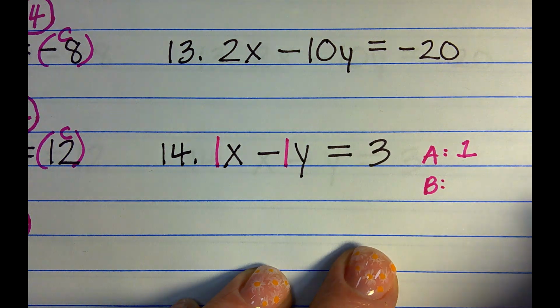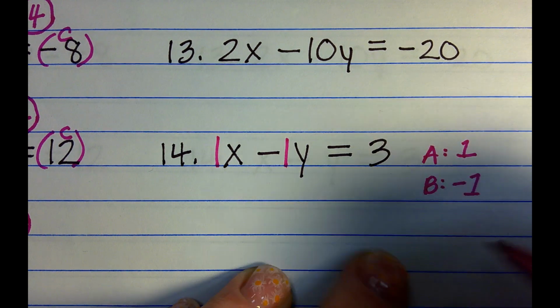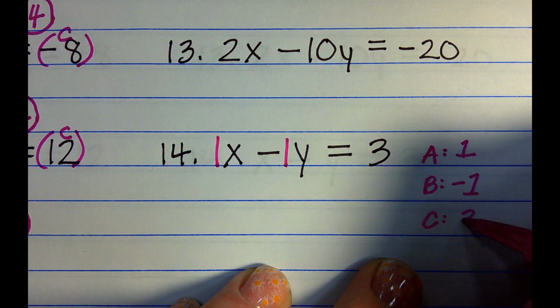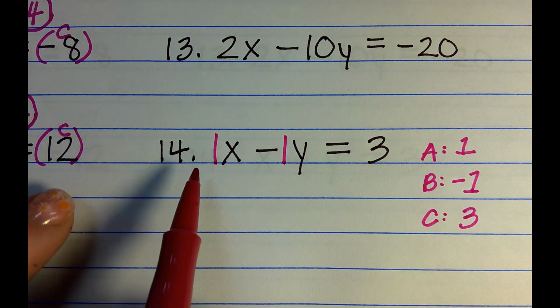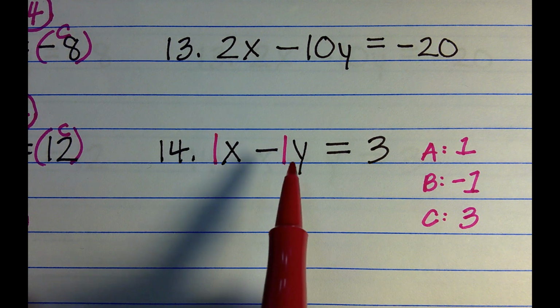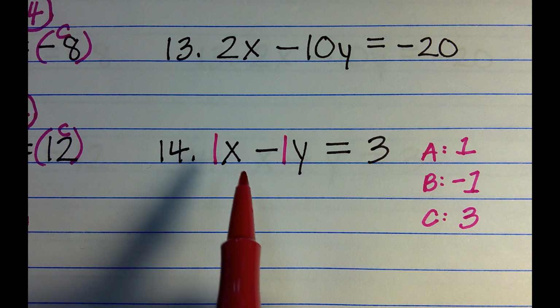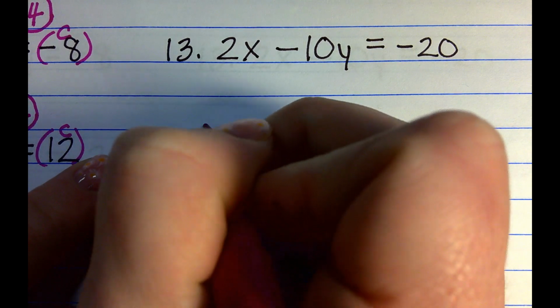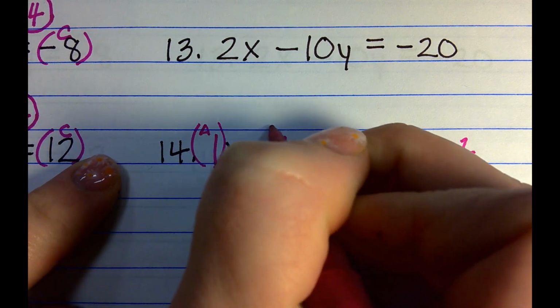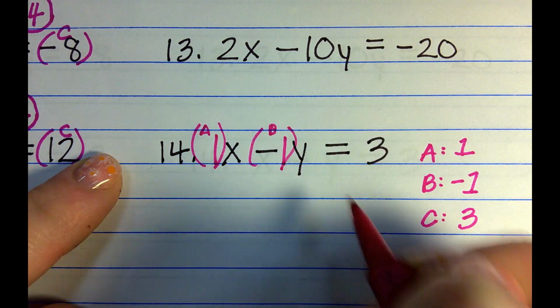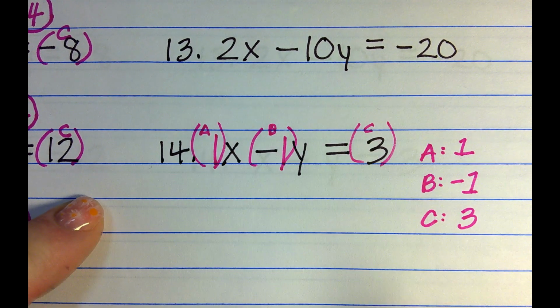B is negative 1. And C is 3. So anytime there's not a number in front of a variable, just remember it is an invisible number 1. So same process. A is 1. B is negative 1. C is 3.